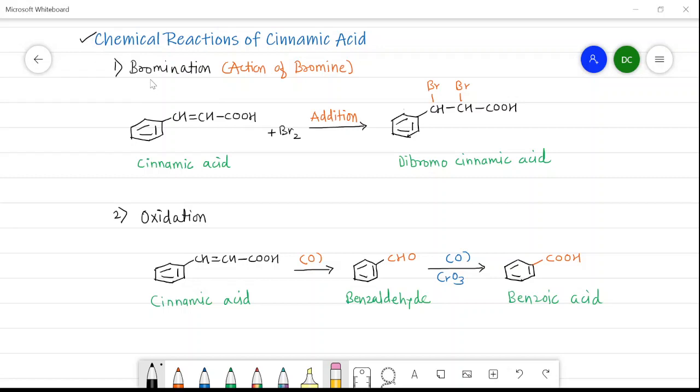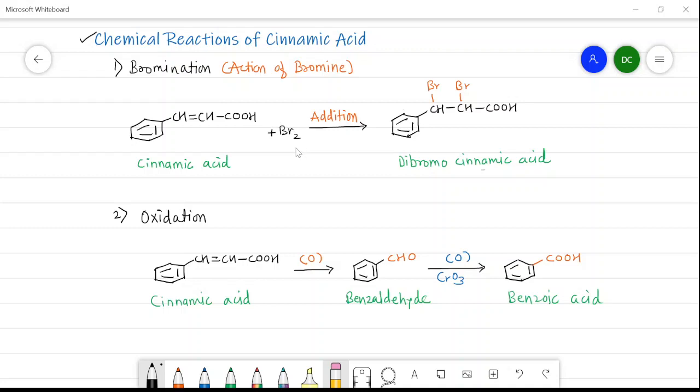The first one is bromination, and in organic spotting it is useful to check whether cinnamic acid is present or not among the various carboxylic acids. In the bromination reaction, bromine is treated with cinnamic acid, then an addition reaction occurs where the two Br atoms add across this double bond to form dibromocinnamic acid, and a color change is observed which indicates the presence of unsaturation.